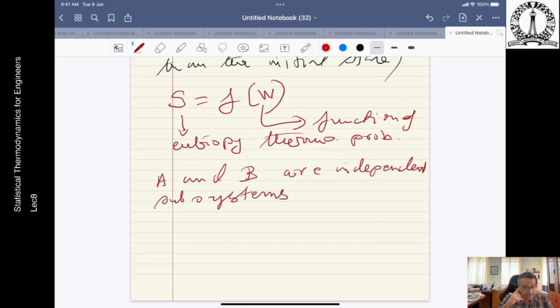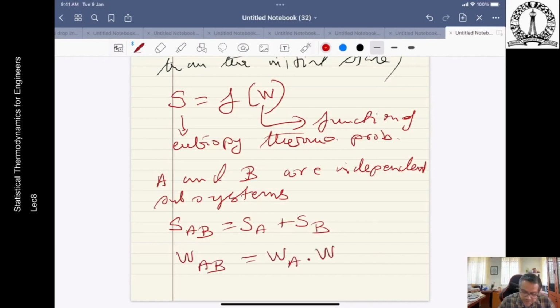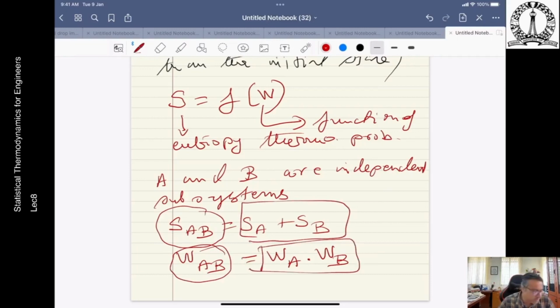the entropy of A and B is basically entropy of A plus entropy of B, whereas the thermodynamic probability of A and B, because they are independent, must be WA into WB. So entropy is an additive quantity and this is a multiplicative quantity.